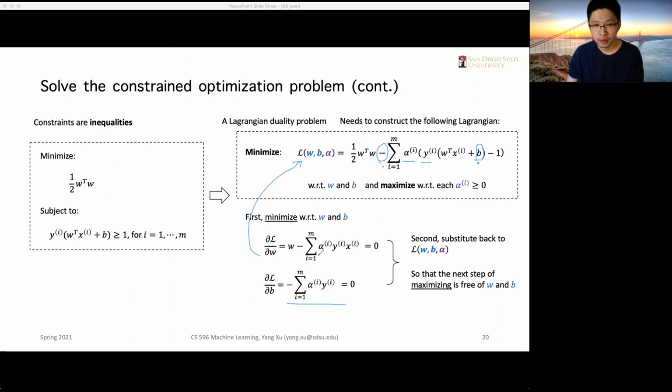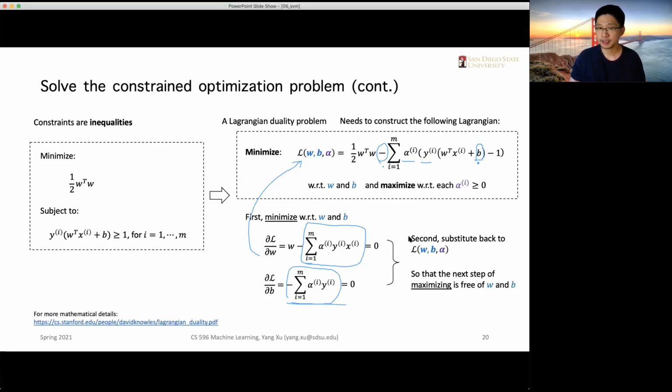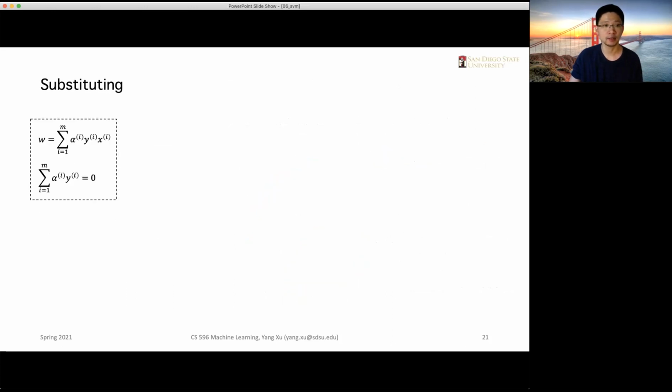W would equal this summation of alpha i times yi times xi, and these terms will also be useful when we substitute back into the equation, so that we can get rid of W and B, so that the next maximization step is only with respect to alpha, not to W and B. All right, let's see how the substitution would result.